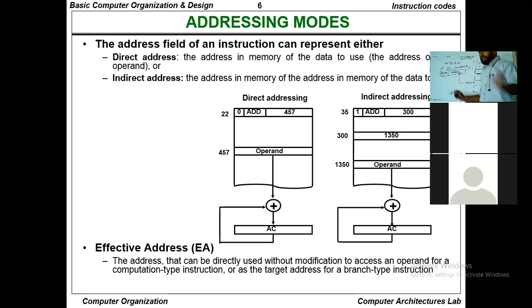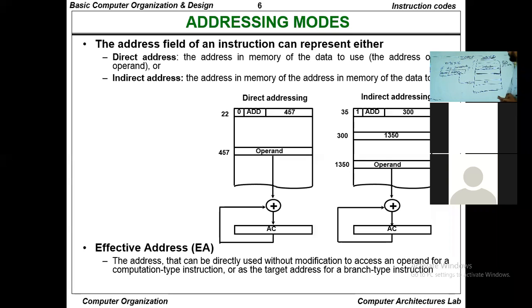Means in the instruction we have given the memory address where the data is present. That is called direct address. Directly operand का address instruction में given है, so that is called direct address. Second case हो गया.